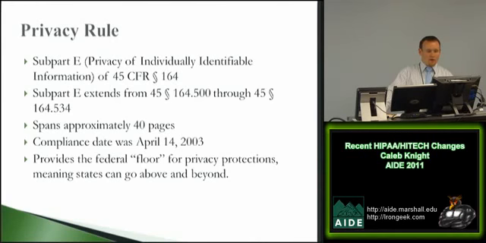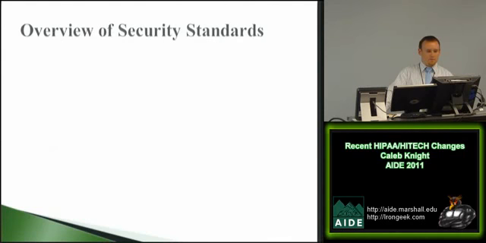Basically, the privacy rule provides a federal floor for privacy protections. So states all throughout the country are free to enact more stringent privacy rules, but the federal privacy rule is basically the floor, in that you can't fall below that. Now, under the privacy rule, there are certain security standards that have to be in place.